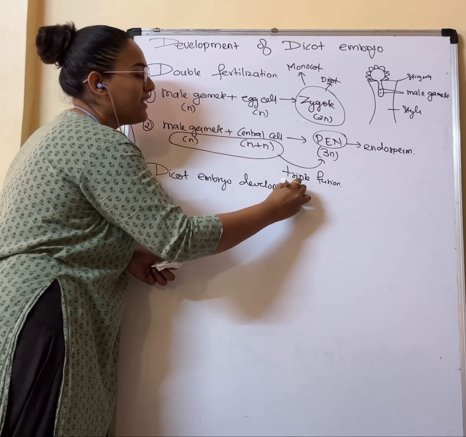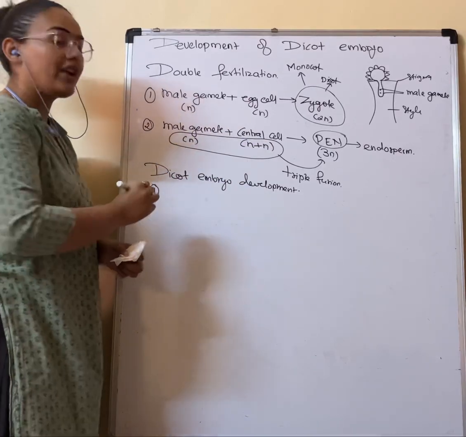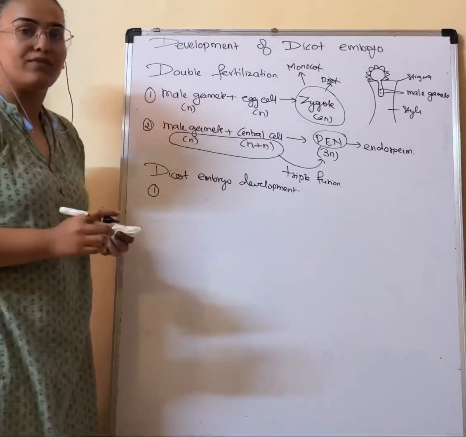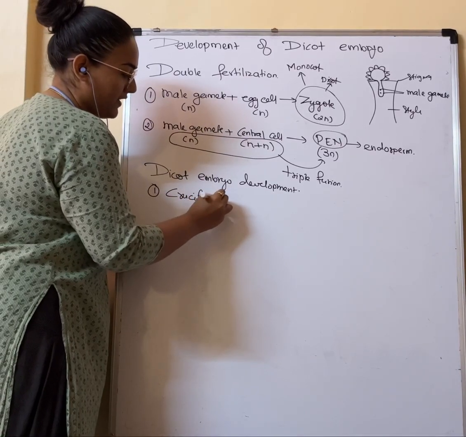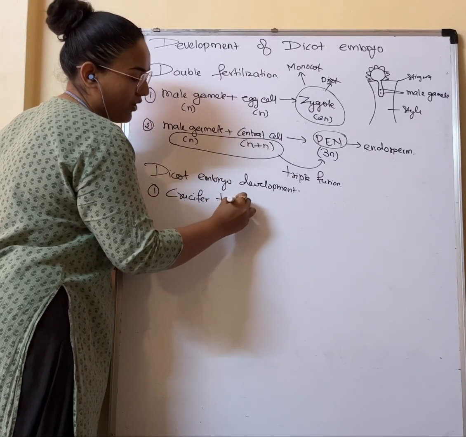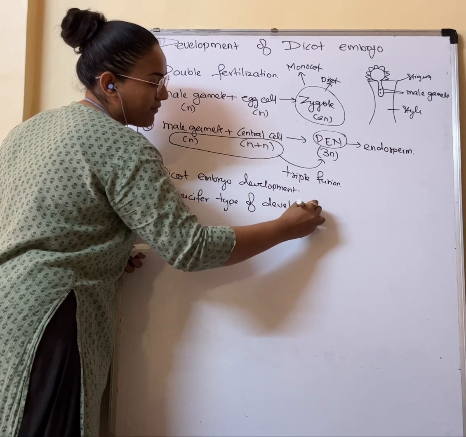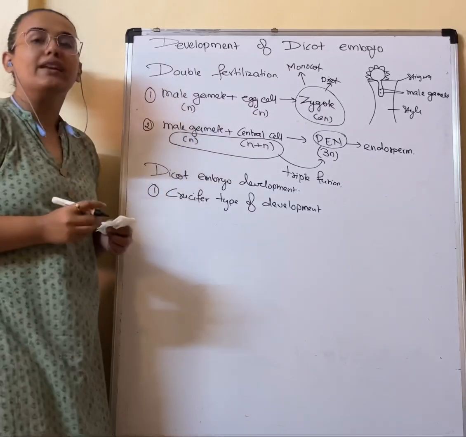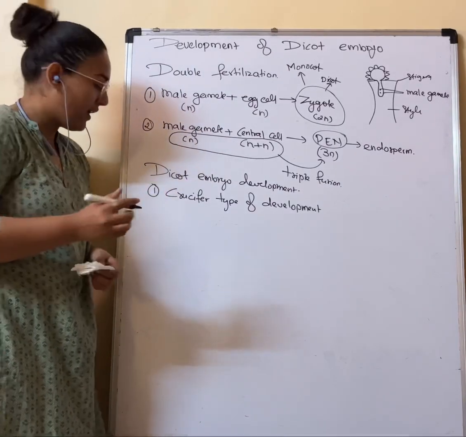So when I am talking about dicot embryo development, the first thing you must know is that this type of development is called cruciferous type of development, which is most common in the dicot, and then comes the meroplastic type of development.